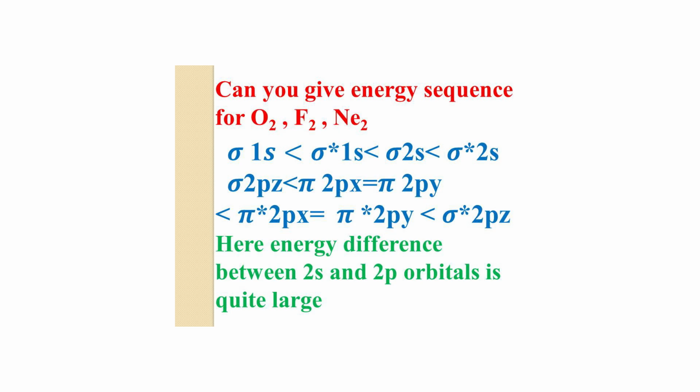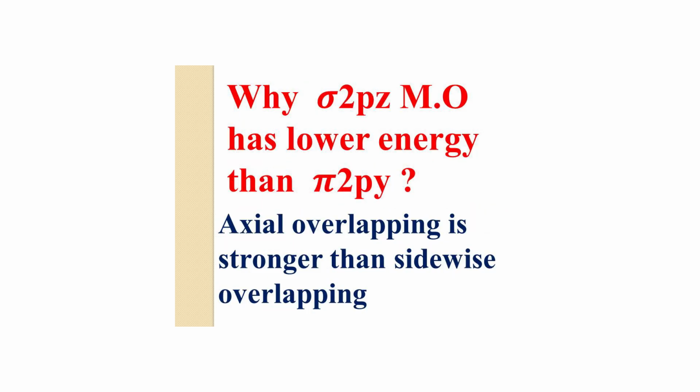Here the energy difference between the 2s and 2p orbitals is quite large, and we also learned that axial overlapping is stronger than sideways overlapping.